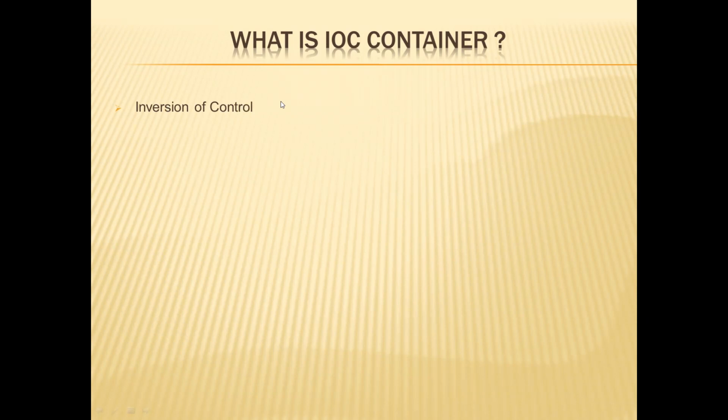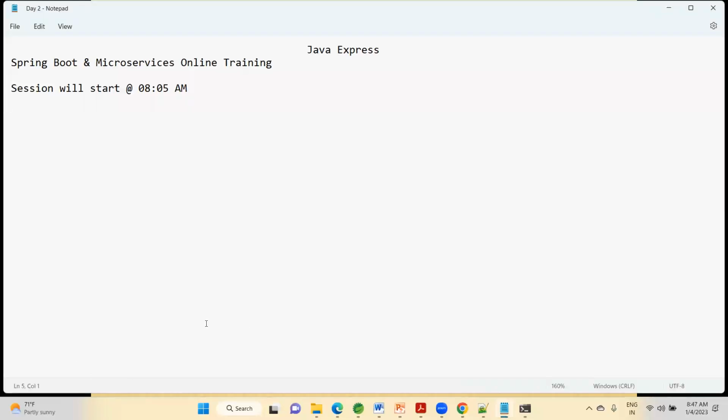Before discussing, tell me, in core Java, if I want an object, the programmer is responsible to create the object. How will you create it? Employee emp = new Employee(). Every time you create an object, memory is allocated at the JVM level.